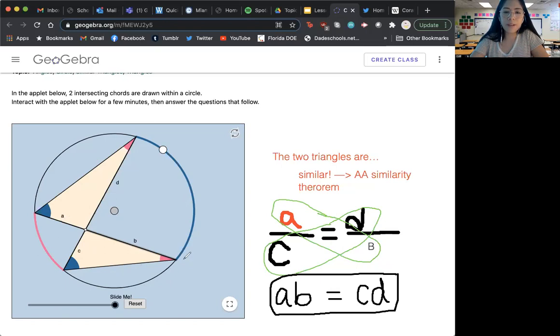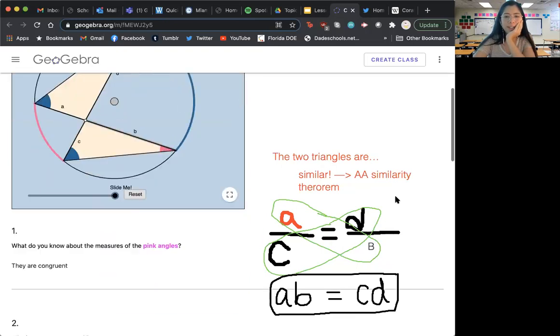So A times B is equal to C times D. How do we feel about that? Any questions on that? We kind of did a little bit of a proof. How do we feel about that? Surprise proof. That is true. That is what we did.